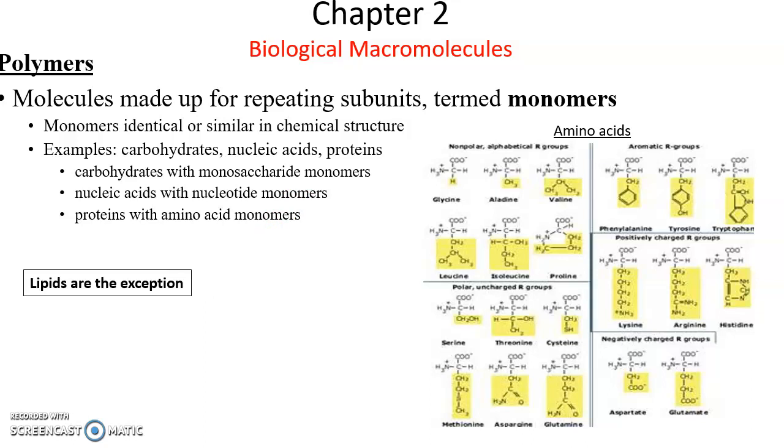You have those monosaccharides forming a chain, one monosaccharide after another. For nucleic acids, the monomer is the nucleotide, thousands or more nucleotides in a long chain to form the nucleic acid. So 3 of the 4 most common biological macromolecules are made up of monomers. The one exception to this are lipids. Lipids are not made up of monomers. And we'll be talking about these macromolecules in more detail in the next lecture.